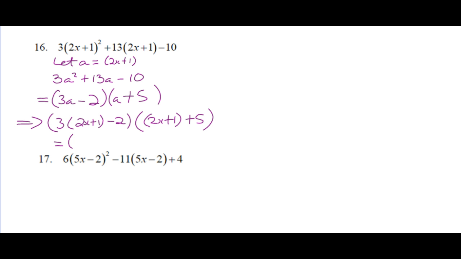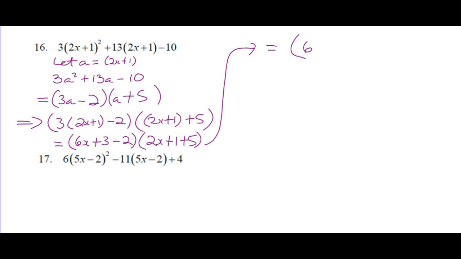So this becomes 6x plus 3 minus 2, and this becomes 2x plus 1 plus 5, and that is equal to 6x plus 1 and 2x plus 6.